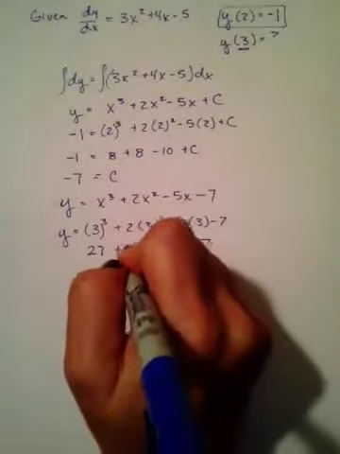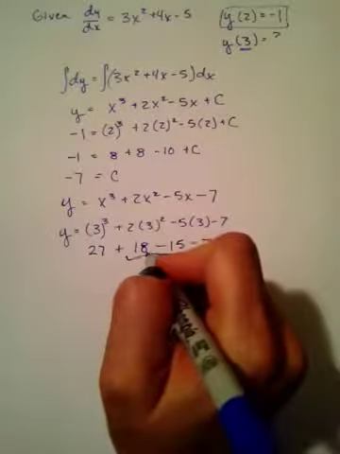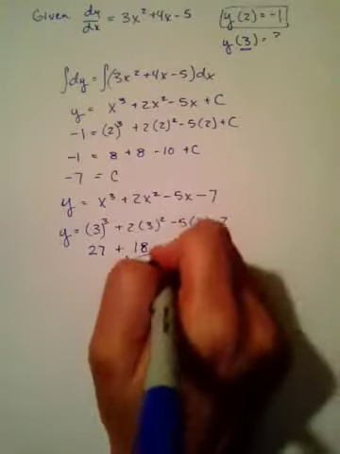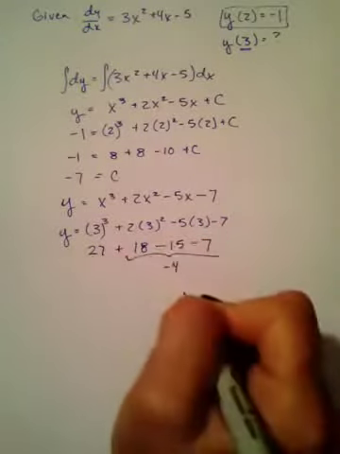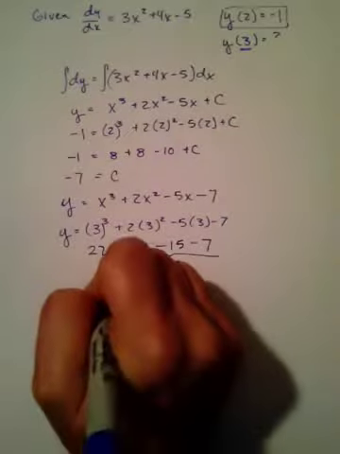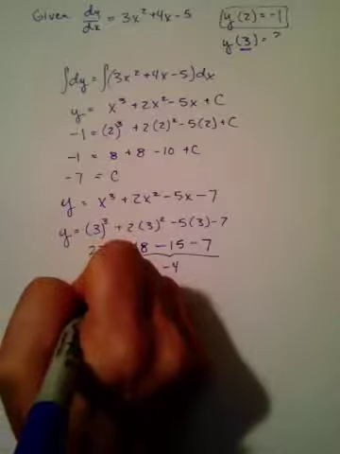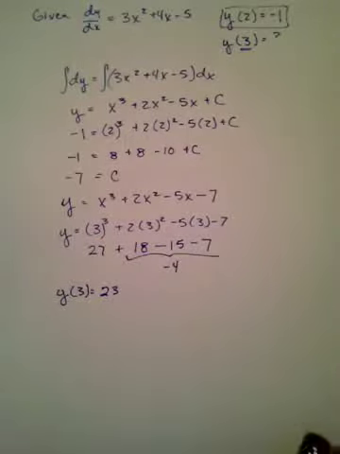So this is equal to 18 minus 15 is 3, minus 7 is a negative 4. So 27 minus 4 is 23. So we have y of 3 equals 23. So that's one way to do it.